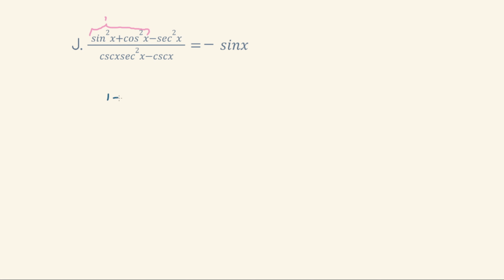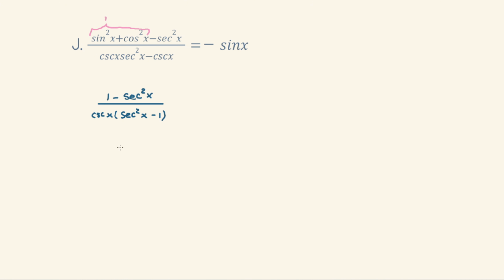We've got 1 minus secant squared x. And in my denominator, we've got two things here with a cosecant x, right? That's a GCF here. We could pull that out. So we're going to have cosecant x, and here we have secant squared x minus 1. And these look very similar. It's just like swapped, right?